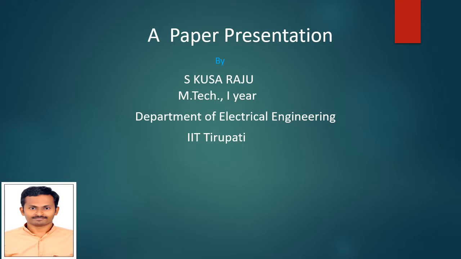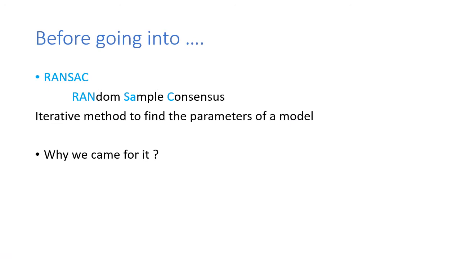Before going to the title and the concept, let's get into a brief discussion of RANSAC. RANSAC, which is short for Random Sample Consensus, is an iterative method to find the parameters of a model.